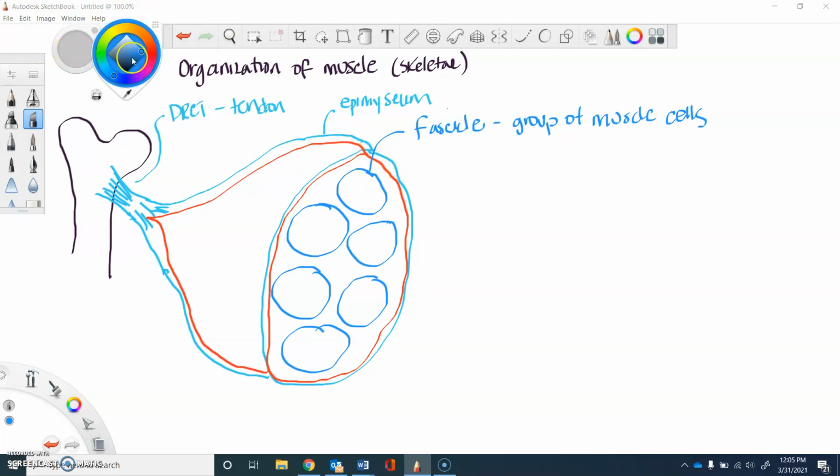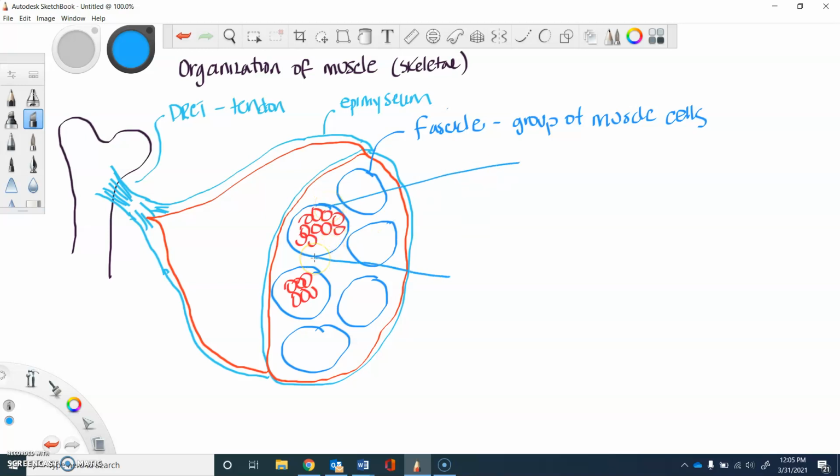So basically we've got muscle cells here. Right? And if we pull out this fascicle, then we're going to see just a bunch of muscle cells.